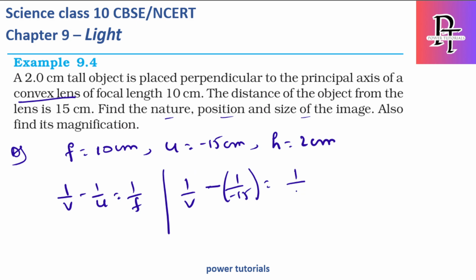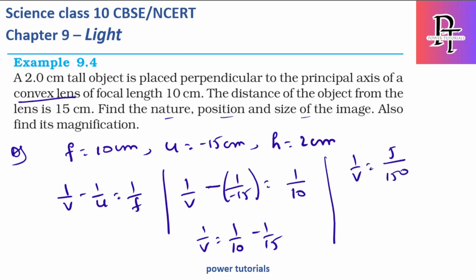So 1 by 10. So 1 by v is equal to 1 by 10 minus 1 by 15. So 1 by v is equal to 5 by 150, which is 1 by 30. So the v value is 30. So the image is formed 30 centimeters to the right side of the pole.